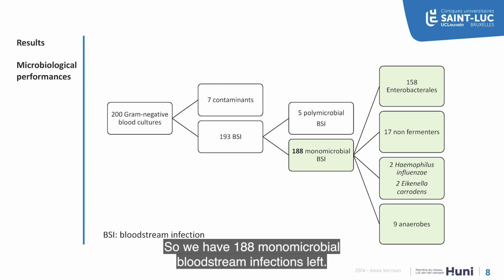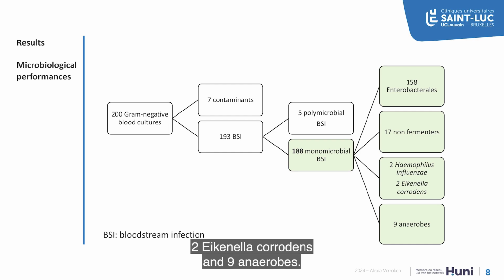So we have left over 188 monomicrobial bloodstream infections. Of those, you see the details: 158 Enterobacterales, 17 non-fermenters, 2 Haemophilus influenzae, 2 Eikenella corrodens, and 9 anaerobes.